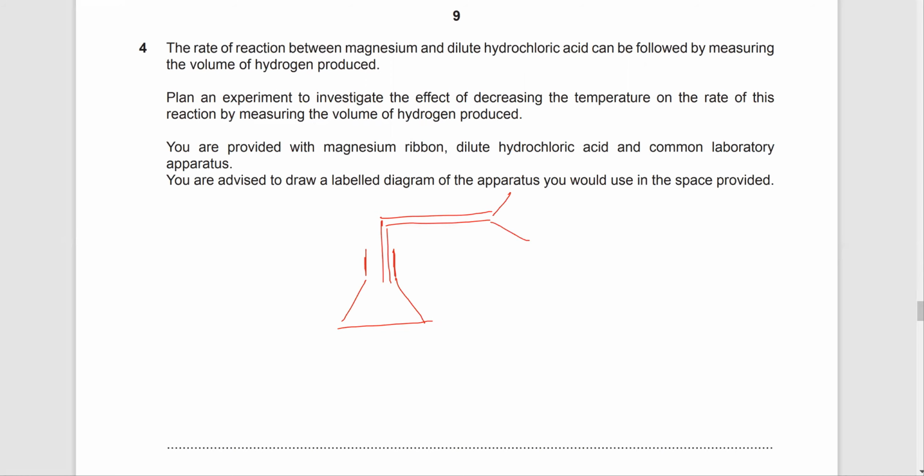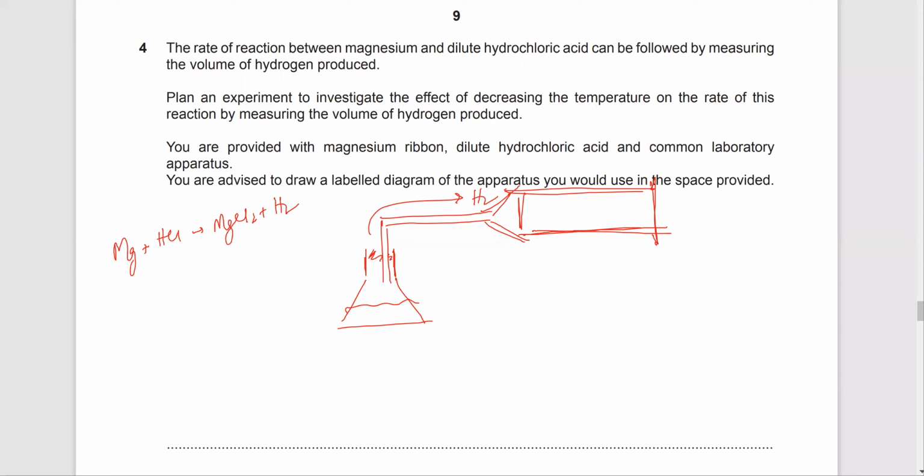So this is the labelled diagram: you're going to take a measuring syringe. You have Mg plus HCl, which is going to produce MgCl2 and H2 gas. The H2 gas produced is to be collected. What you have to do is alter the temperature. How can you alter the temperature?